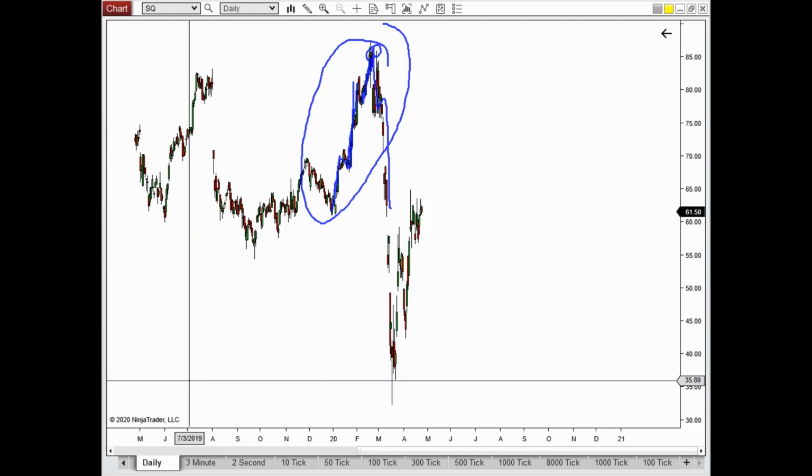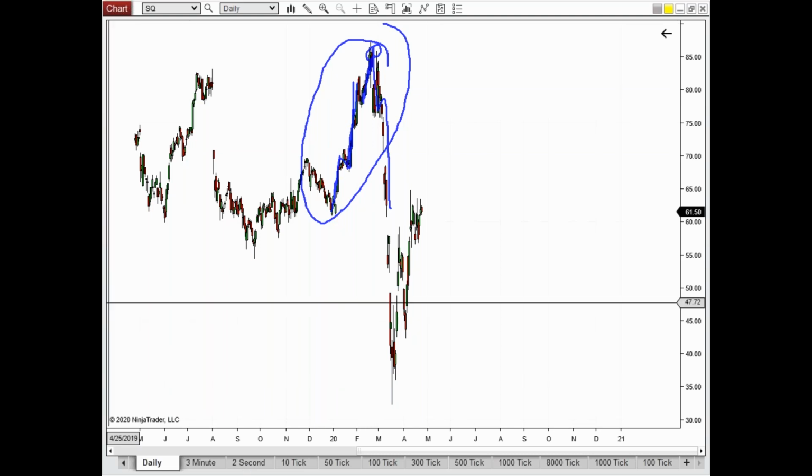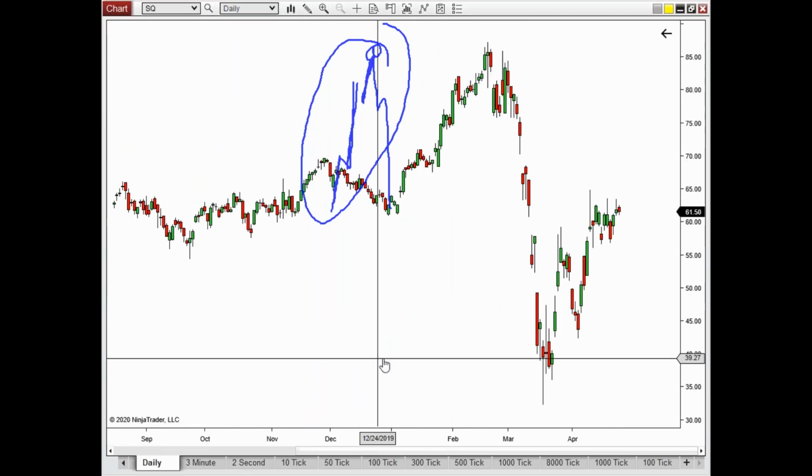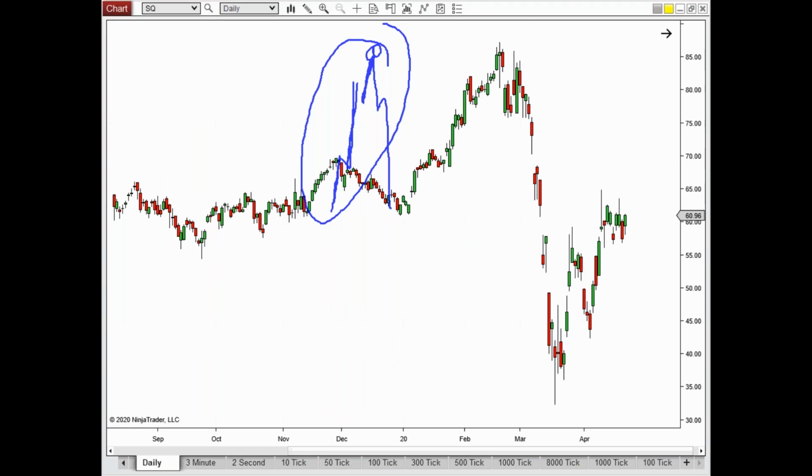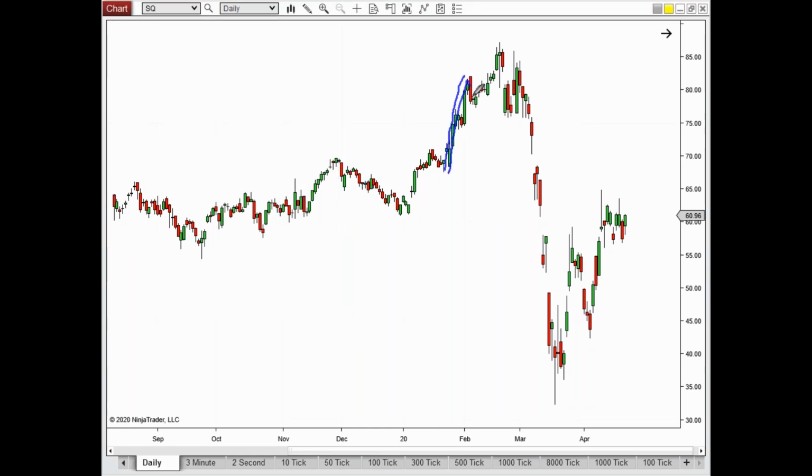You'll notice even on this one, let me open this up a little bit wider here. See how that went into the high here? So this move up is kind of like what happened in the Nasdaq, and right where we're at in the Nasdaq right now is in this zone here. What this did was it pulled up and did kind of three waves up.